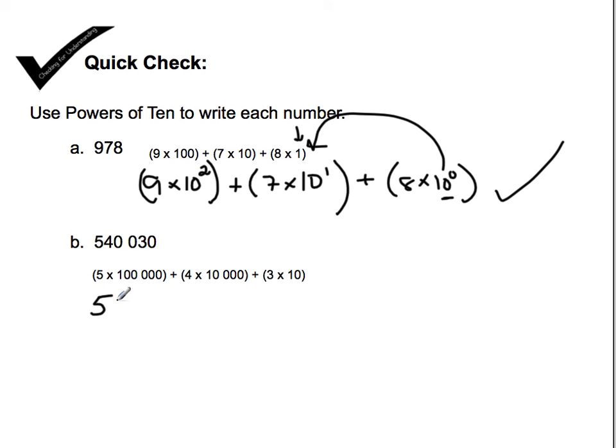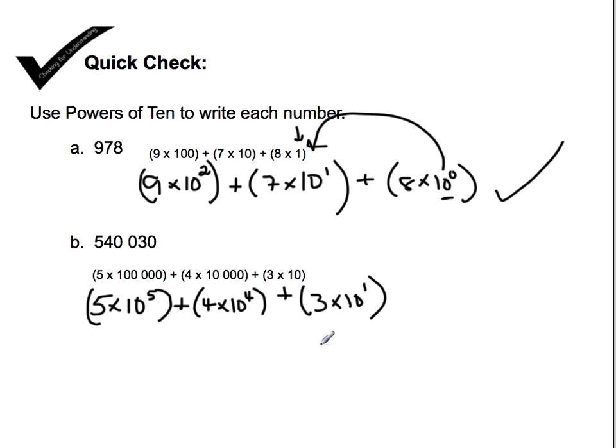So 5 times 10 to the power of 1, 2, 3, 4, 5. There's 5 zeros. That's a little bit more compact. 4 times 10 to the power of 1, 2, 3, 4. And 3 times 10 to the power of 1, because there's 1 zero.